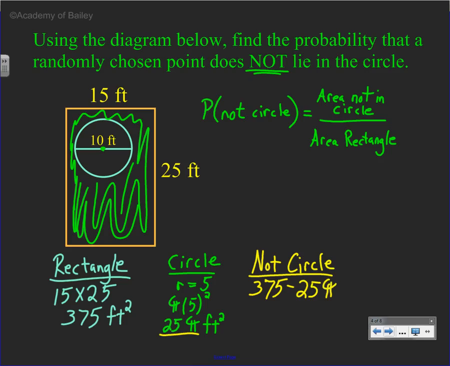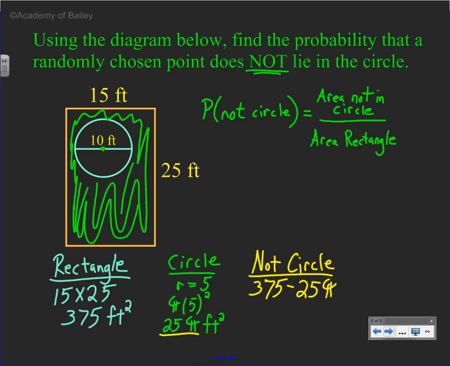You don't want to change pi to 3.14 if the calculator has a pi button. Use the pi button for pi. You don't want to change it to 3.14 because your answers are a little bit off, because 3.14 is an approximation of pi. It's not exactly pi.